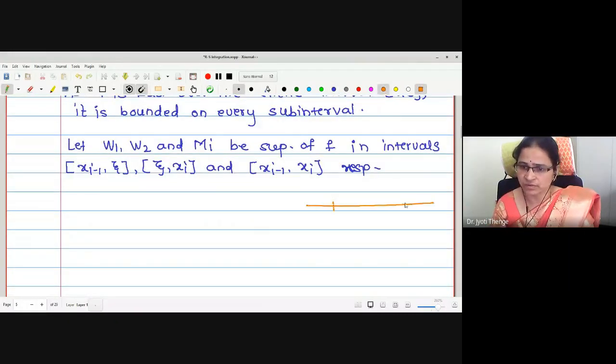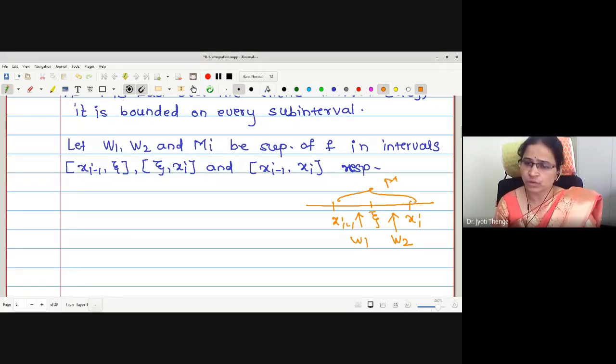This is the interval. Suppose this is my ith interval xi minus 1 to xi. Zeta is the extra point considered. Then we are going to define W1 to be the suprema of F in this interval, W2 to be the suprema of F in the interval zeta to xi, and over this interval we are going to consider the suprema to be mi.